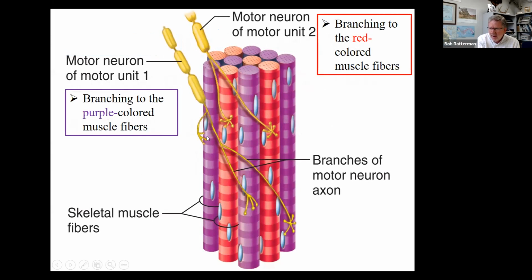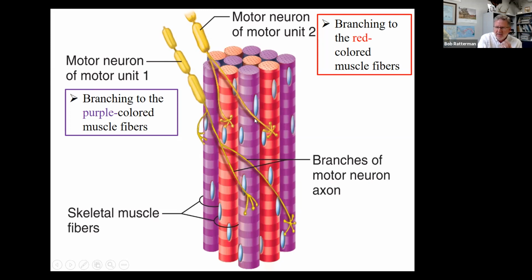This first motor neuron is synapsing with two muscle fibers, right? Actually, no, three. We've got 1, 2, and then here's a branch off to the third, while the second motor neuron is synapsing with just 2 muscle fibers.